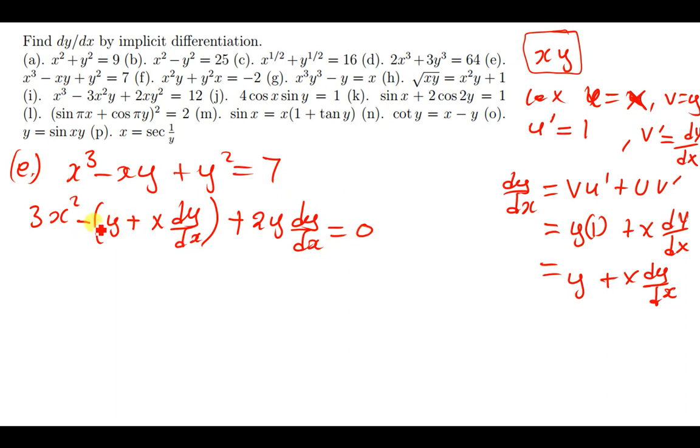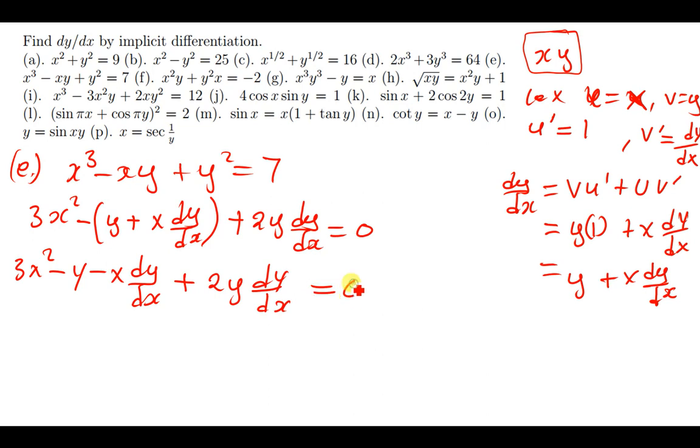So we can simplify this expression. This will be 3x squared negative y negative x dy/dx, and then plus 2y dy/dx, and then this is just going to be equal to 0.